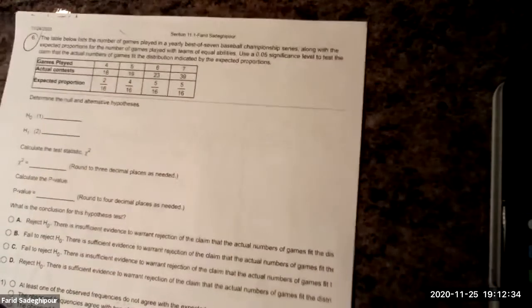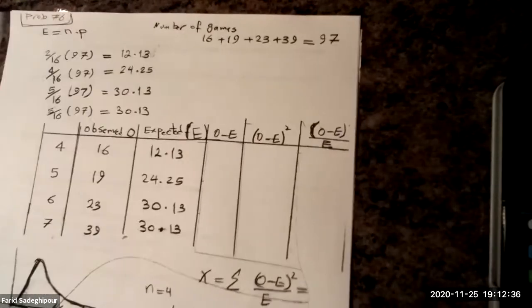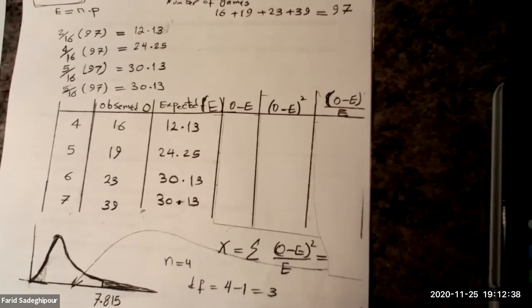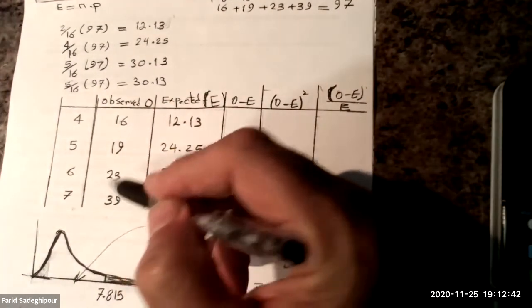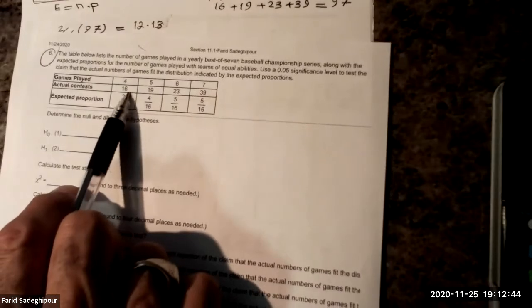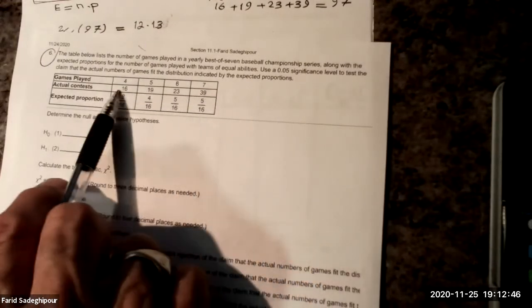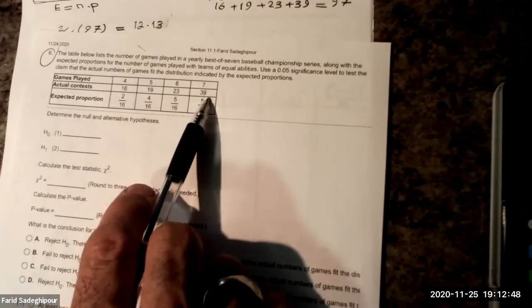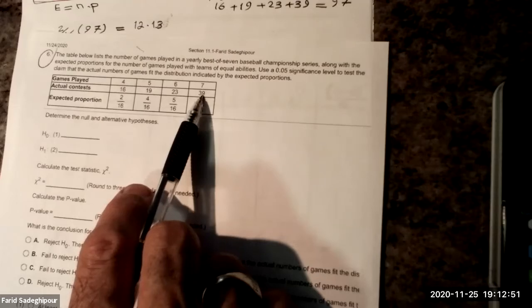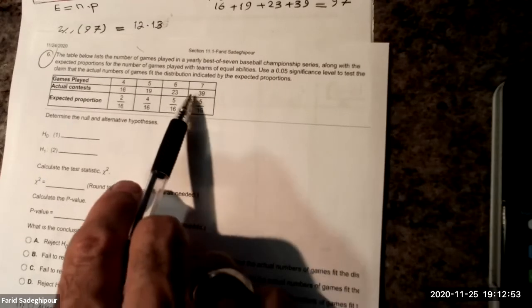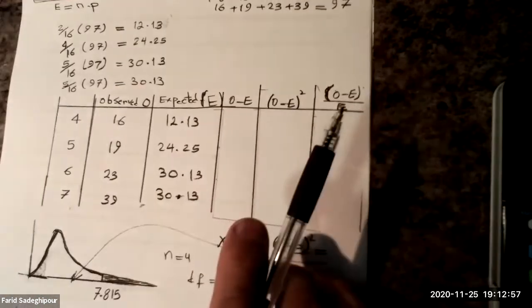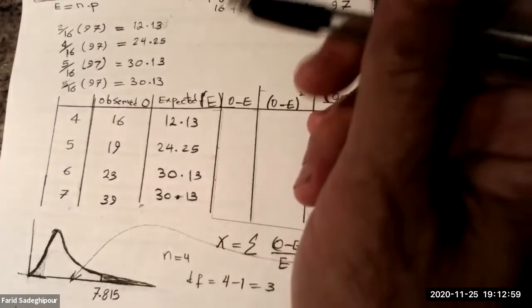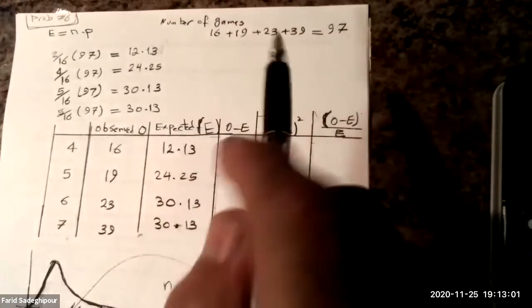Okay? So these are the observed. Observed values are these: 16, 19, 23, 39. These are the observed values. But to find the expected frequency, the sum of these numbers is 97.